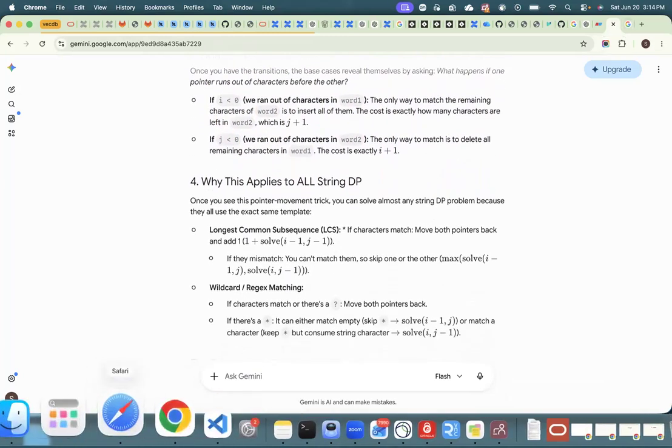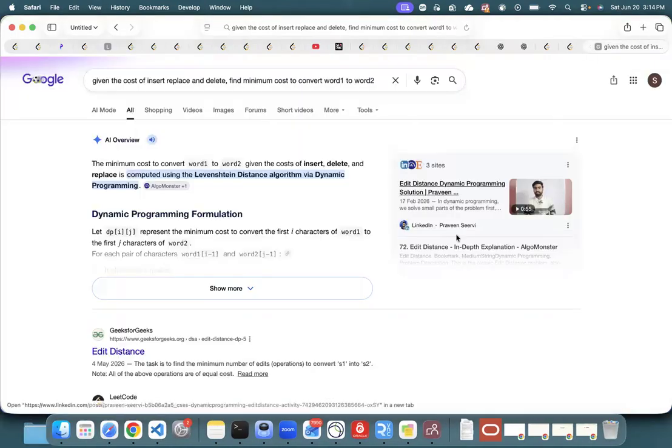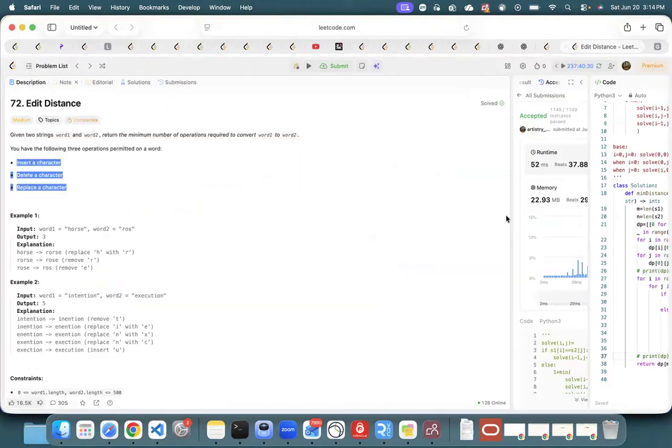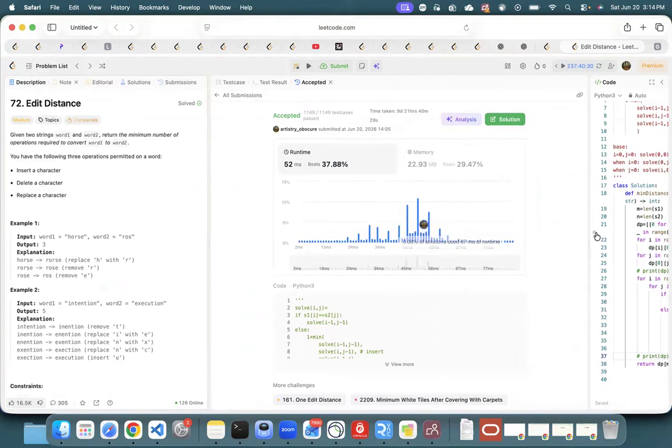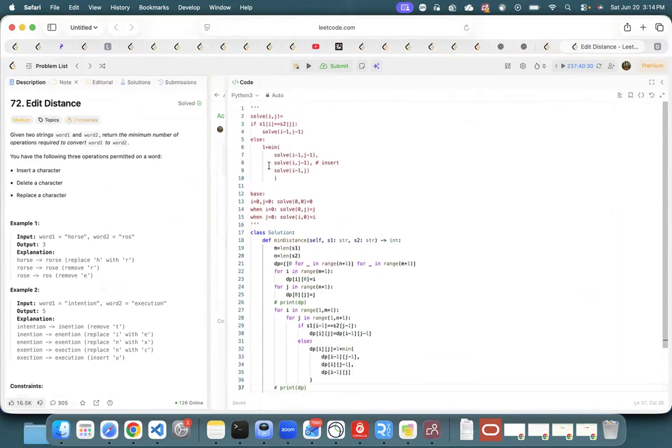So coming to this question, I have to solve i and j. In this case, at any particular point, if I have the same character, I just go to the remaining strings.